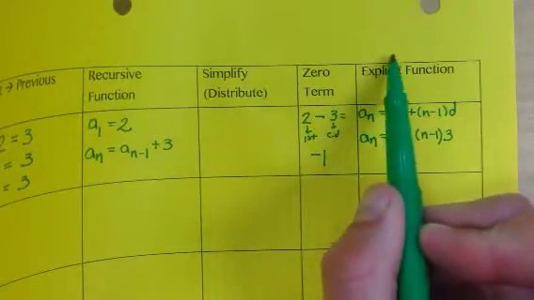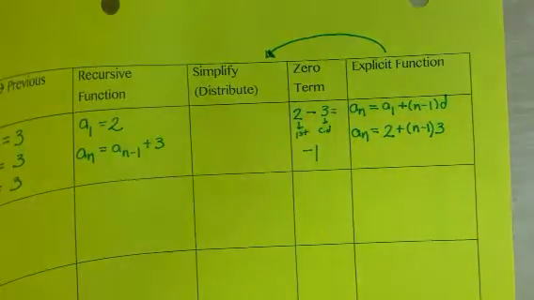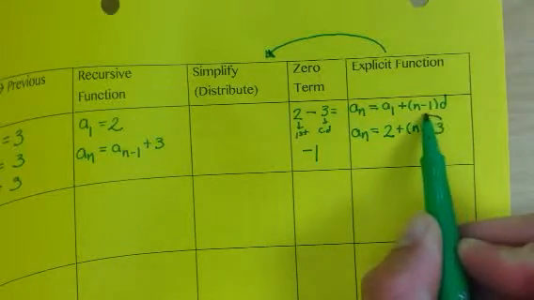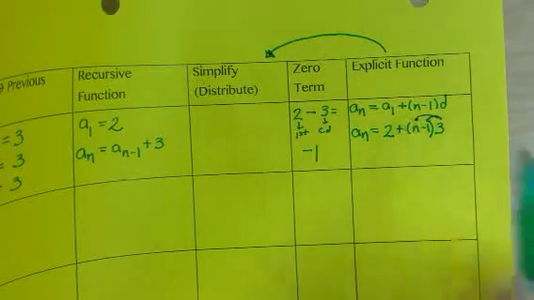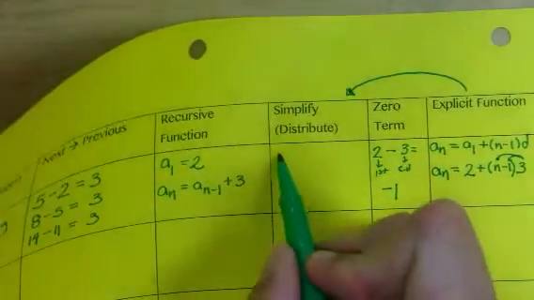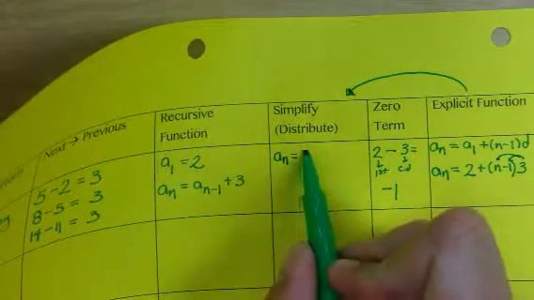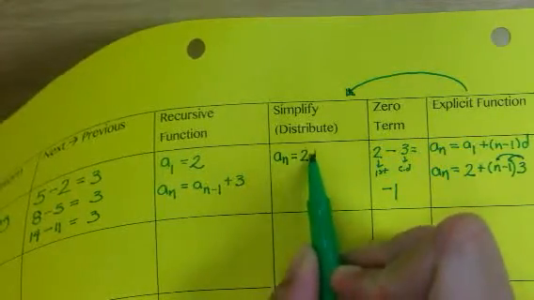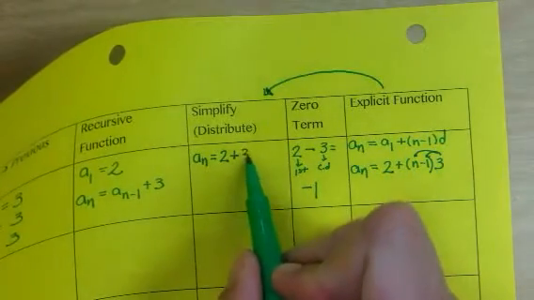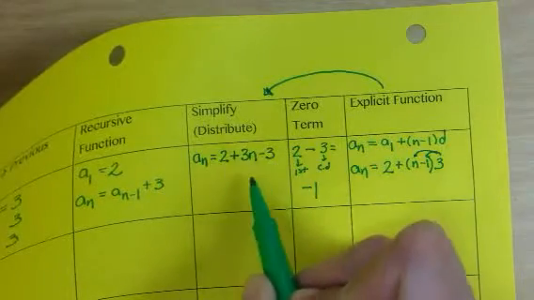After the explicit, we're going to go back to the simplified expression, and that's telling us to distribute. So that means we're going to take our negative 3 and we're going to multiply it by our parentheses. So we would have a sub n equaling our 2, which is our first term, plus 3 times n would be 3n, and 3 times negative 1 would be negative 3.